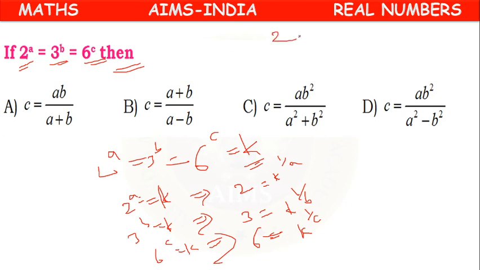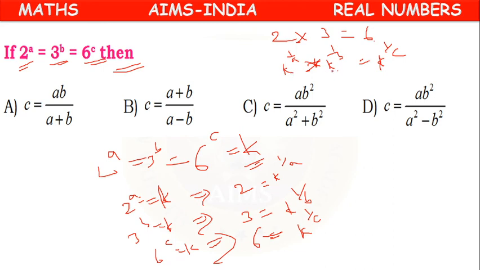But how can we write this? We know 2 into 3 equals 6. But what is the 2 value? k power 1 by a. What is the 3 value? k power 1 by b. What is the 6 value? k power 1 by c.